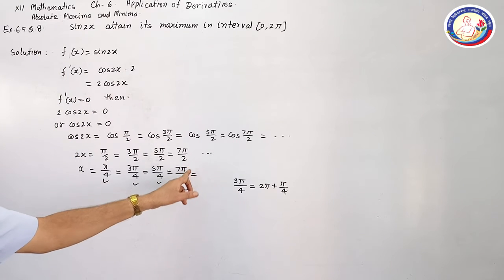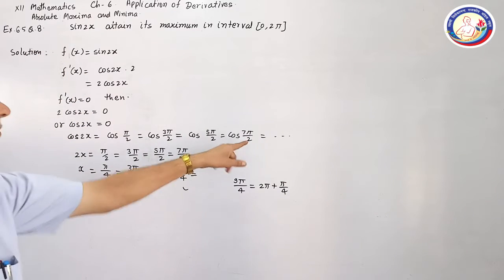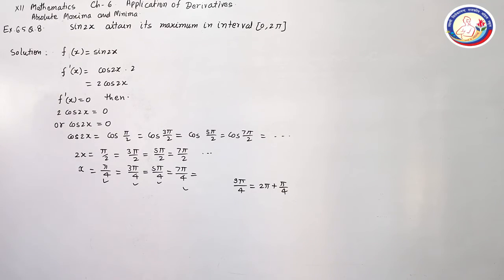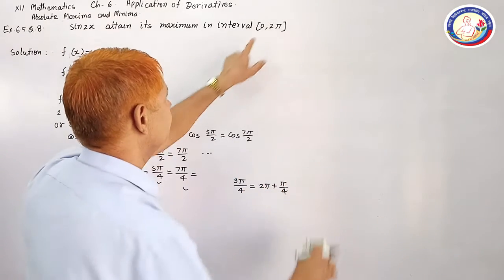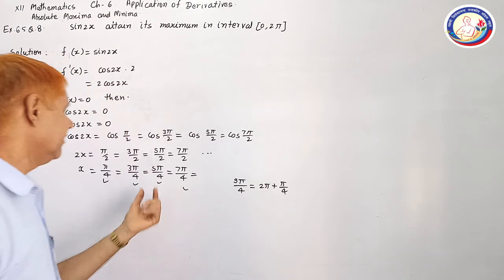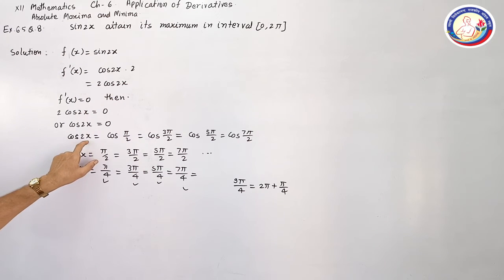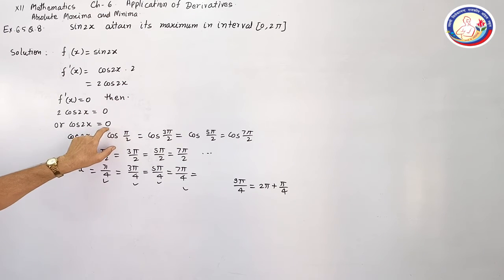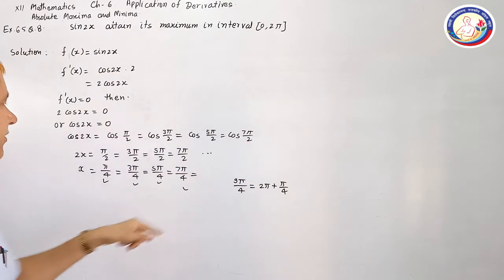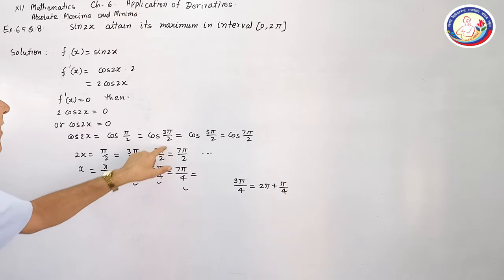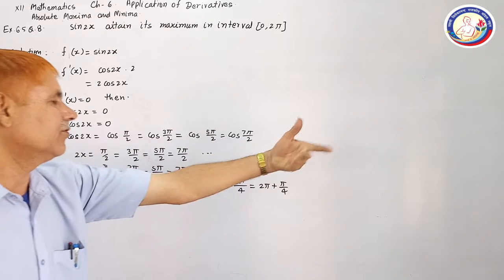So we will take only up to 7 pi by 4 in the interval 0 to 2 pi. So we will get the solution of this equation cos 2x equal to 0. We can use the standard formula also, and we will have infinite solutions as pi by 2, 3 pi by 2, 5 pi by 2, 7 pi by 2 and so on.